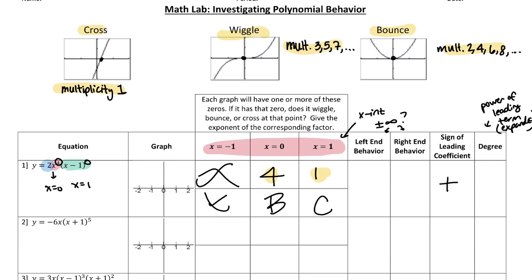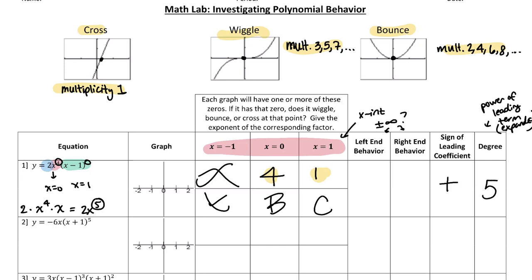So when I multiply x to the 4th times x, that gives me the leading term, and times the 2, the leading term is going to be 2x to the 5th, so the degree would be 5.